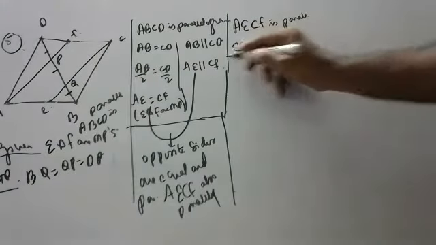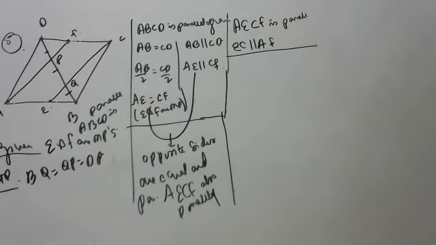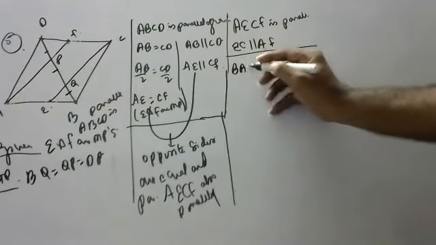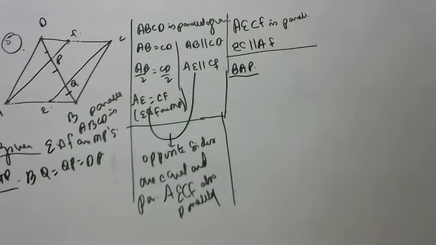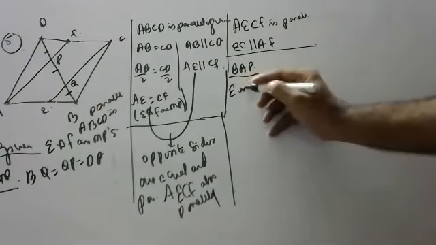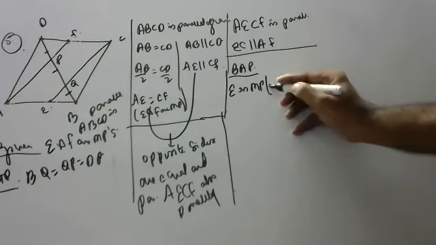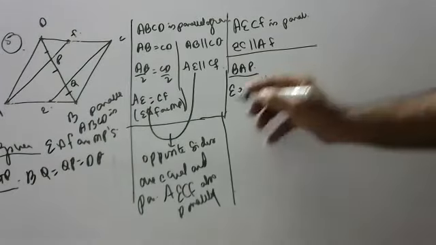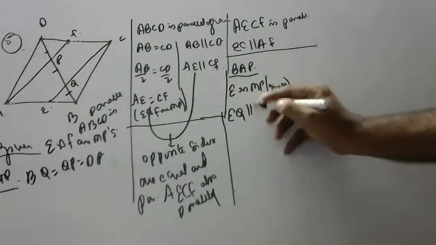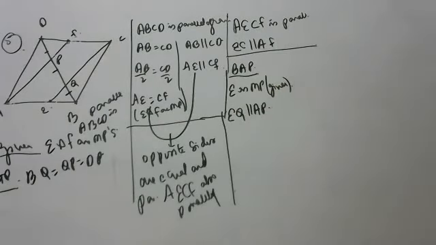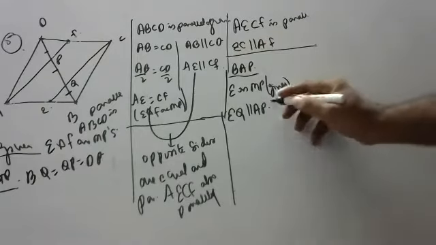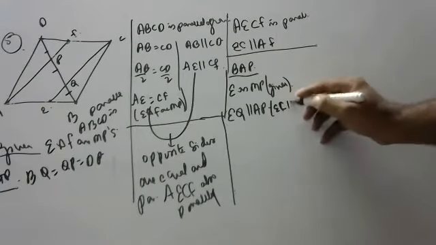Now, last step, children. In triangle BAP, E is the midpoint. Can anyone say why? Sir, given. And EQ is parallel to AP. Can anyone say why? Sir, we have proved it: because EC is parallel to AF.